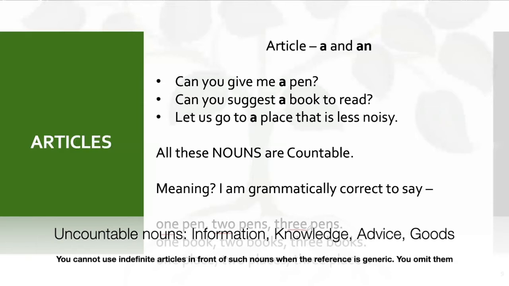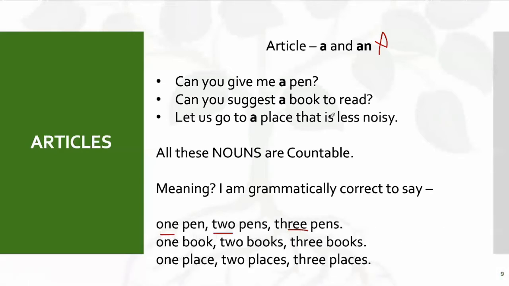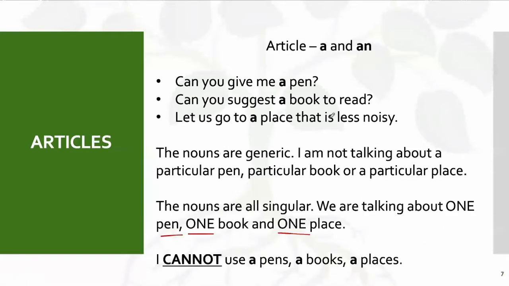All of these are uncountable nouns. Obviously, in the case of such nouns, you will not be using a or an when the identity is unknown. In such cases, you will be omitting the article when the noun's identity is generic.